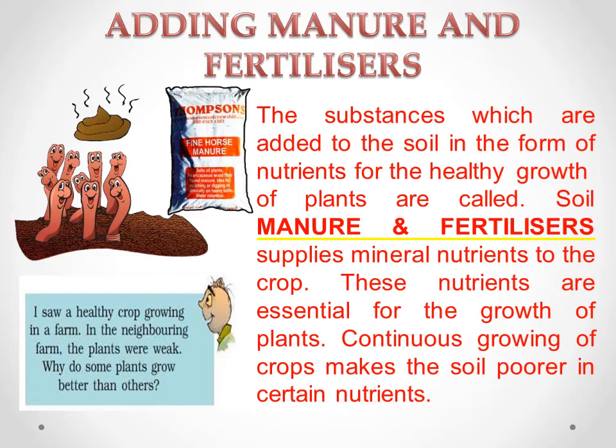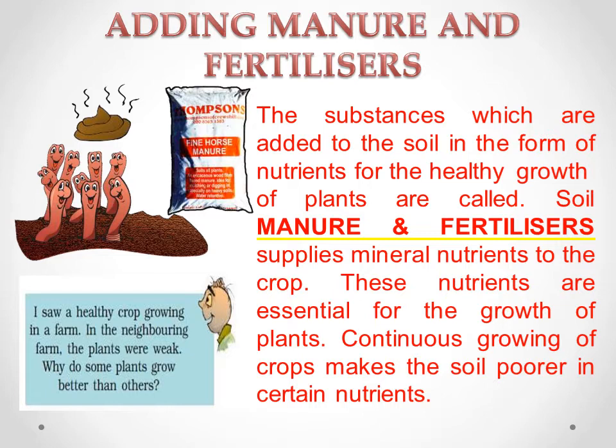Manures and fertilizers are substances added to the soil in the form of nutrients for the healthy growth of plants. They supply mineral nutrients to the crop plants, and these nutrients are essential for the growth of the plants.